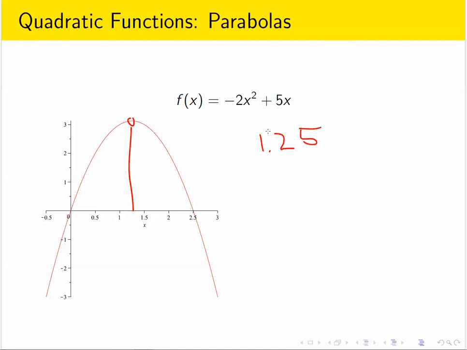And there's a very easy formula for finding that x value, which we will cover shortly. This is our first example of a parabola that's opening downward, and the way we were able to predict that is because the coefficient in front of the x squared term is negative, in this case, negative 2.